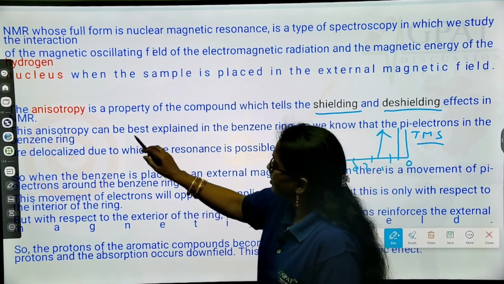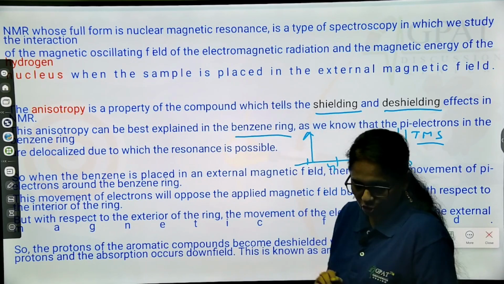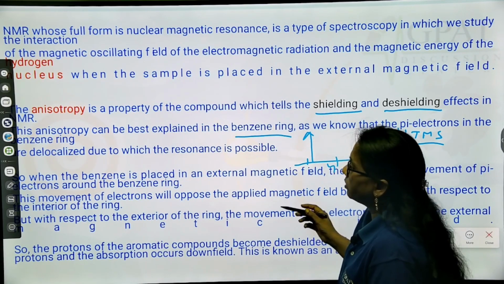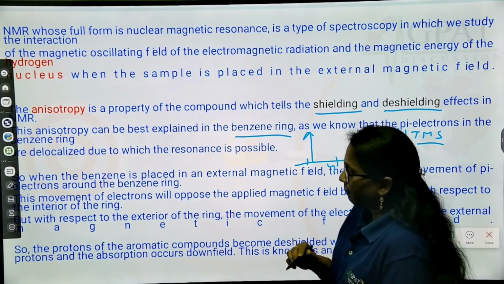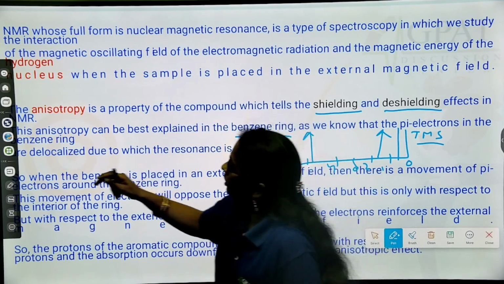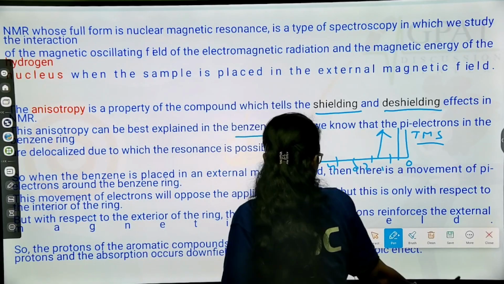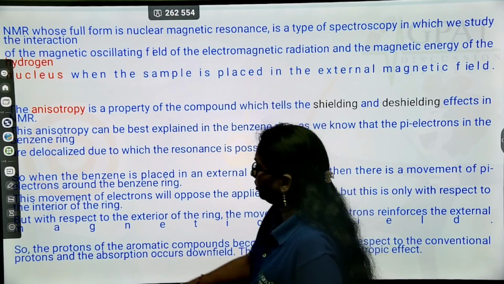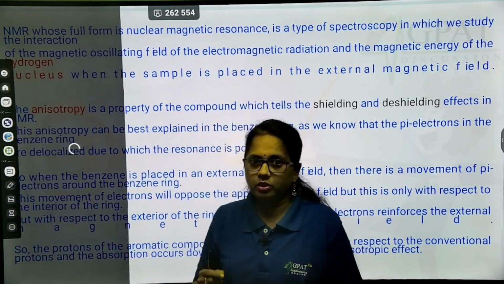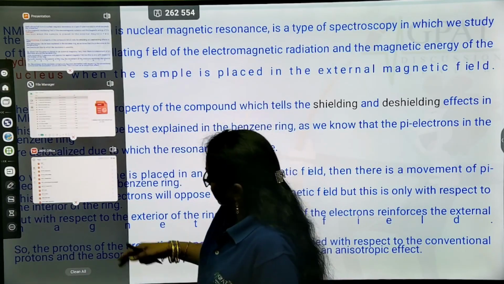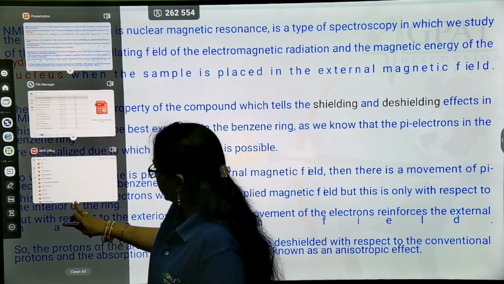Okay, that can be best explained in the benzene ring. Okay, benzene ring means you are going to see the pi electrons. Okay, let us see in the blackboard itself. So if you observe in case of the benzene ring, if you are able to see the blackboard, then you will easily understand.